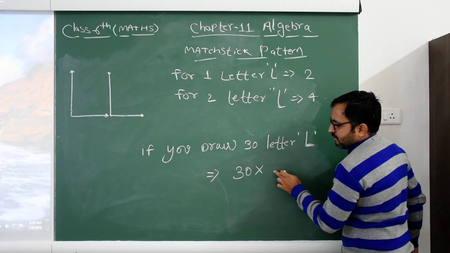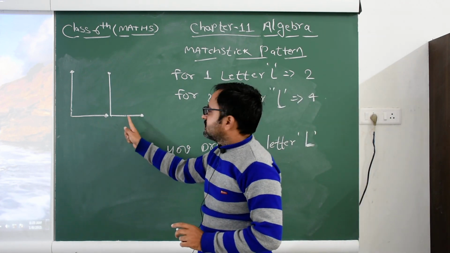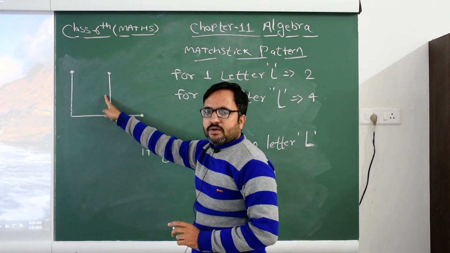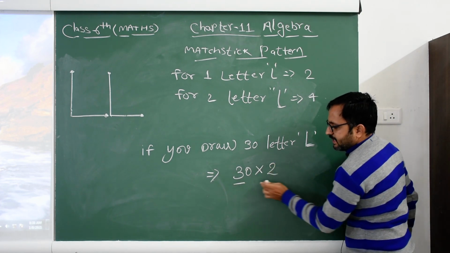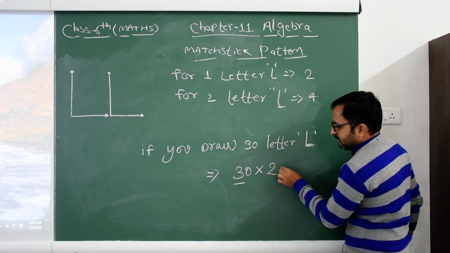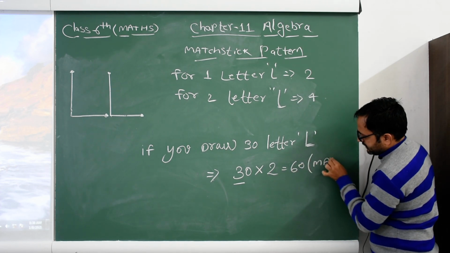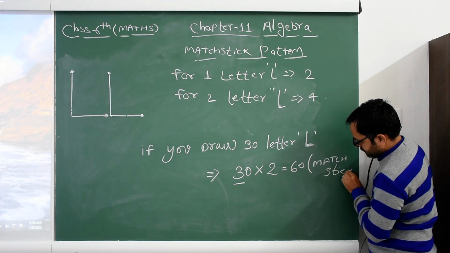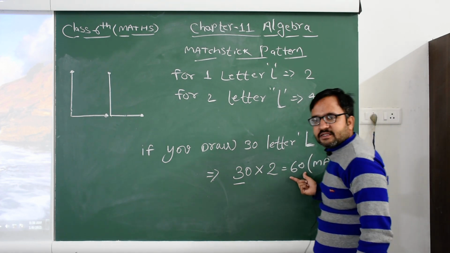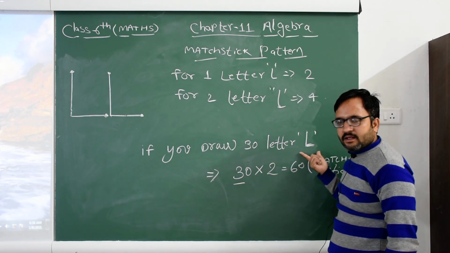And for one letter L, how many matchsticks do we use? 2. So we multiply 30 by 2. 30 into 2, 60. So we use 60 matchsticks to draw 30 letter L.